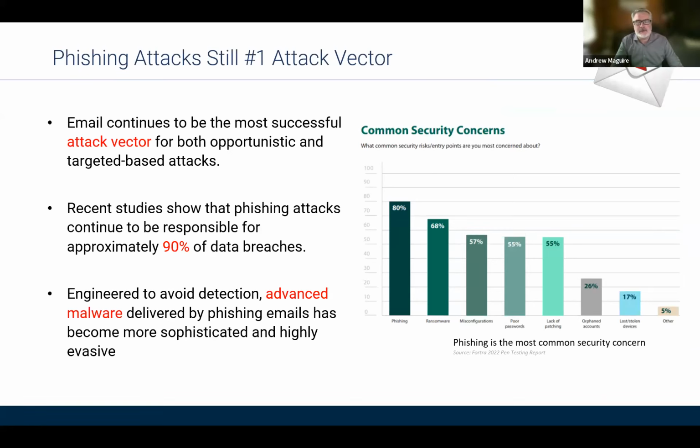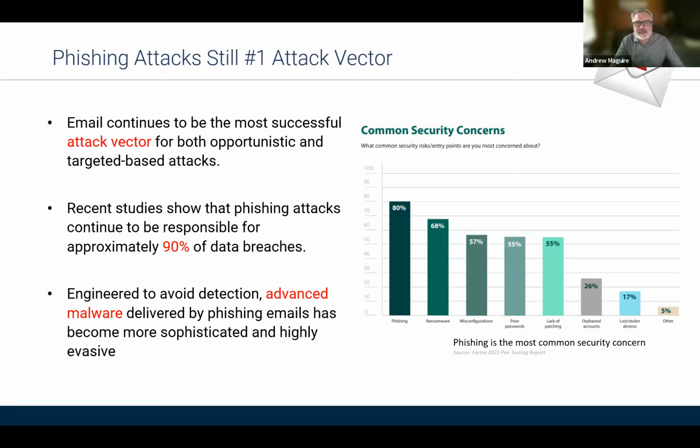So as most of us already know, email is still the number one attack vector when it comes to trying to attempt breaches on organizations. They're very opportunistic, and they can also be very targeted as well. It's anywhere between 90 to about 94% of data breaches that are due to phishing attacks.